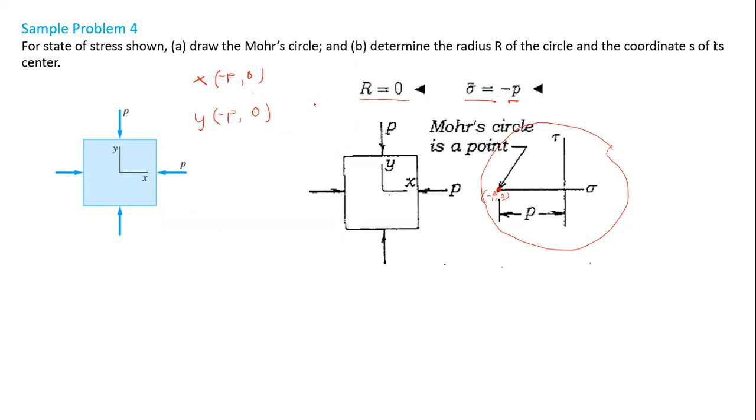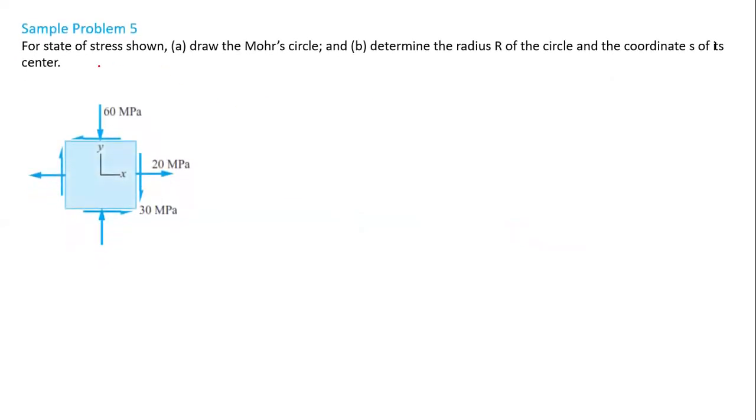So next, this is the last example. So for the state of stress shown in this figure below, so i-draw gyapon nato ang Mohr circle, then determine the r and the center of the Mohr circle. Okay? So again, i-locate gyapon nato ang atuang points. So sa atong x, so compressive ang ato ang inside atong x, so positive 20.